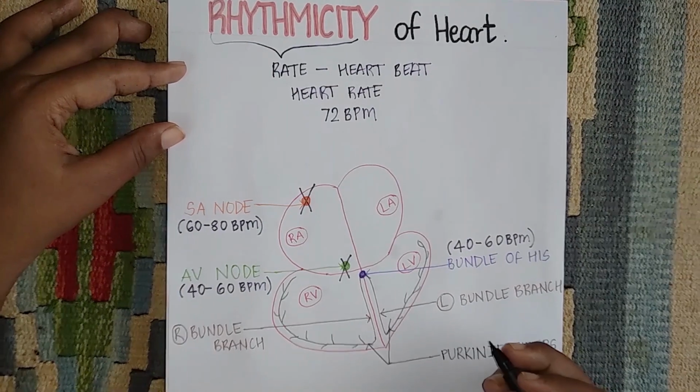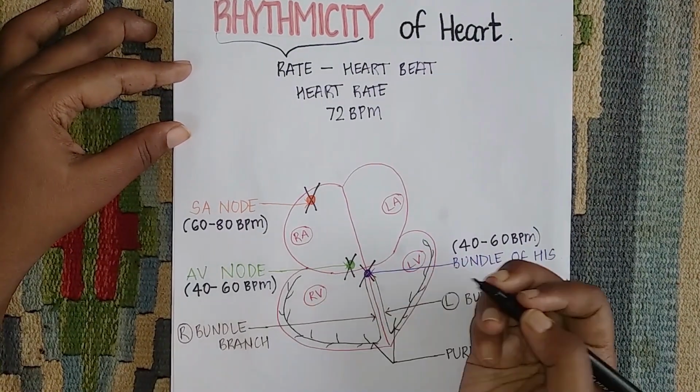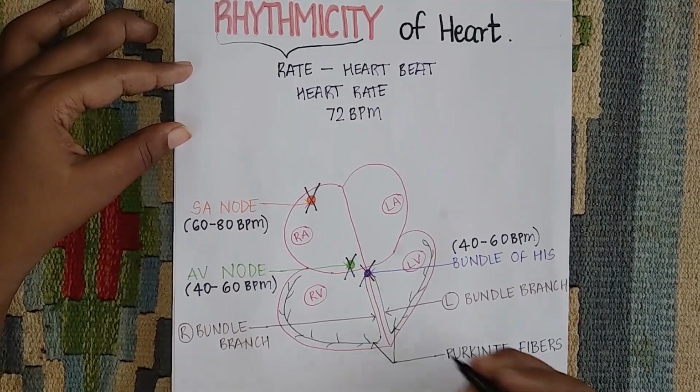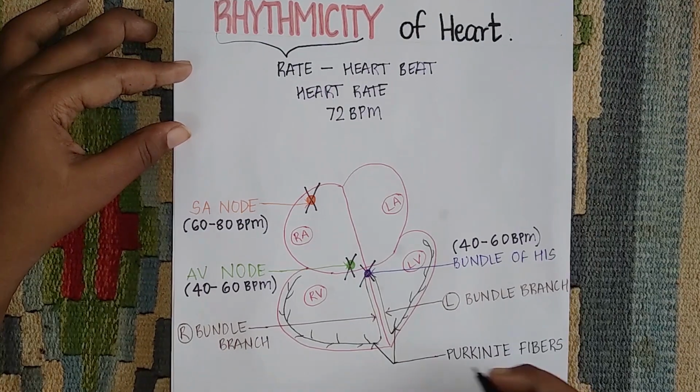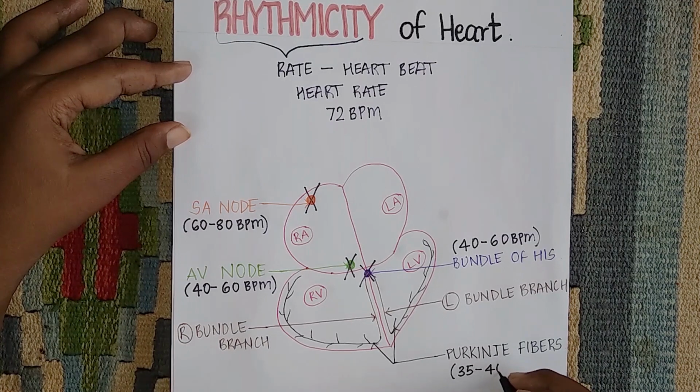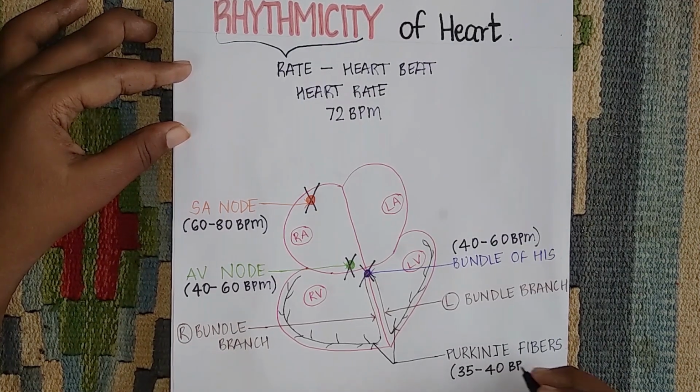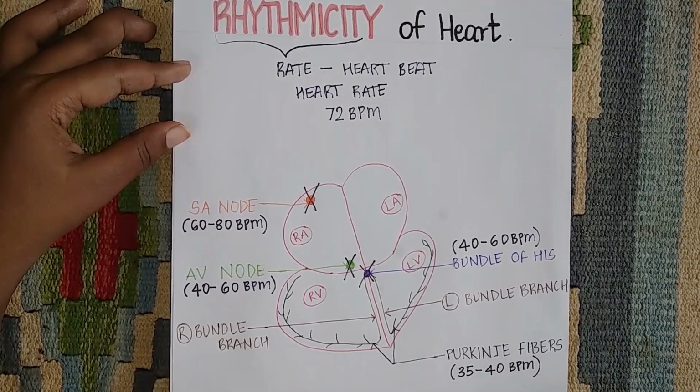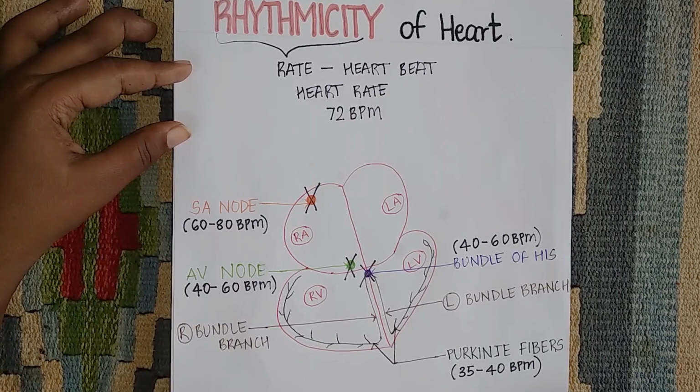If even the bundle of His is not able to generate impulse, then the Purkinje fibers generate impulse at the rate of 35 to 40 beats per minute and make the heart pump and supply blood to all parts of the body. So this is all about the conducting system of the heart.